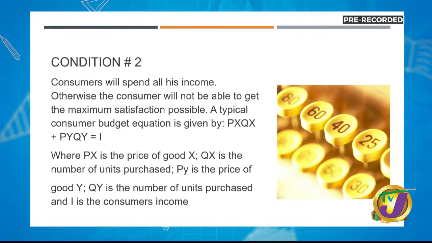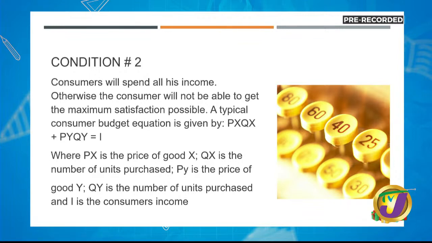Now, there is another condition for utility maximization, and this is that the consumer must spend all of their income. This means that the price times quantity of one good plus the price times quantity of the other good should be equal to I, or income.